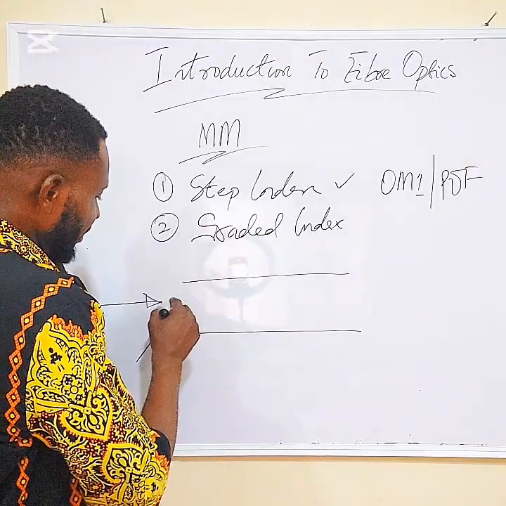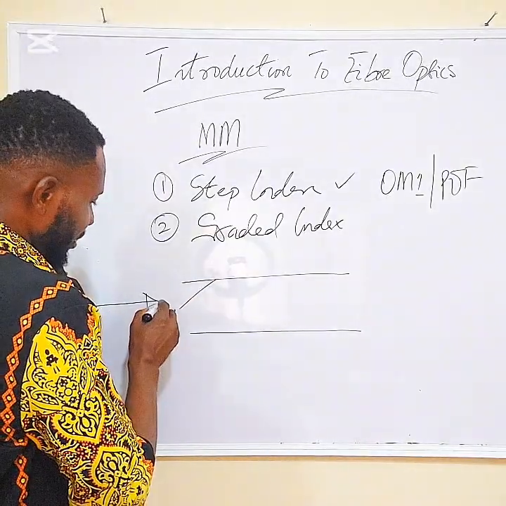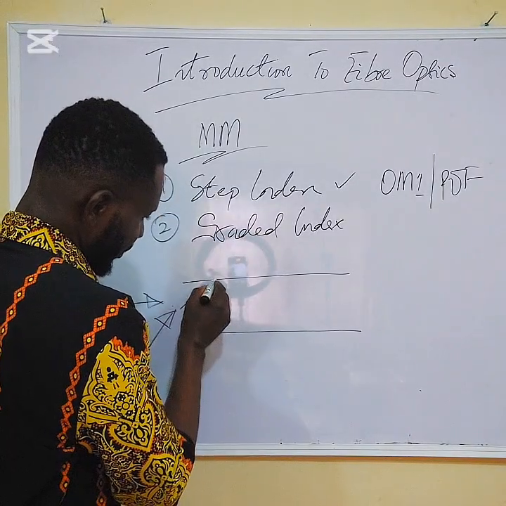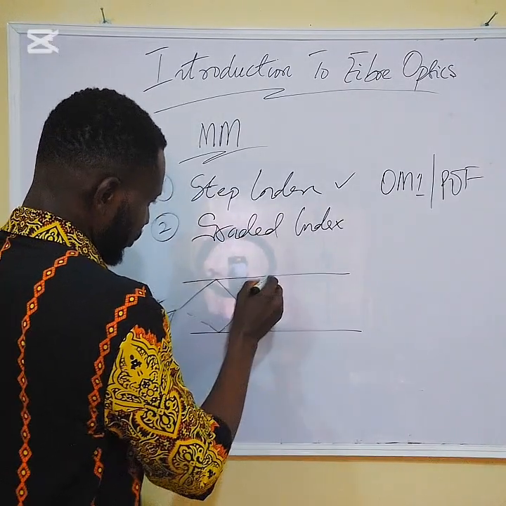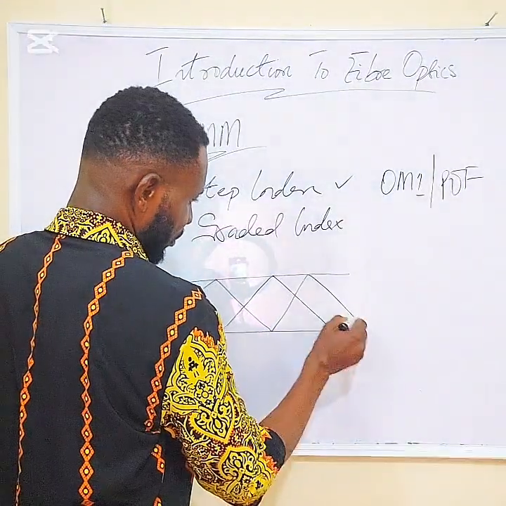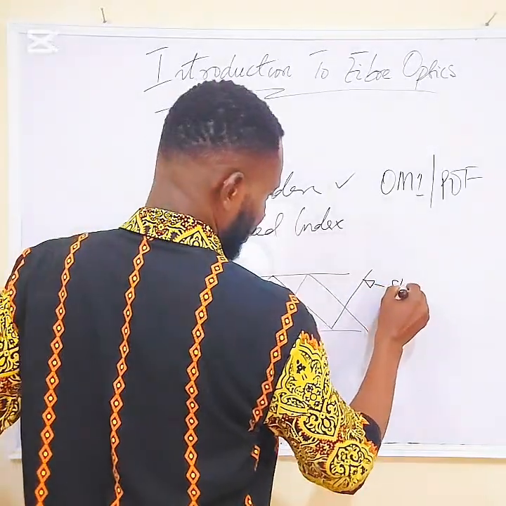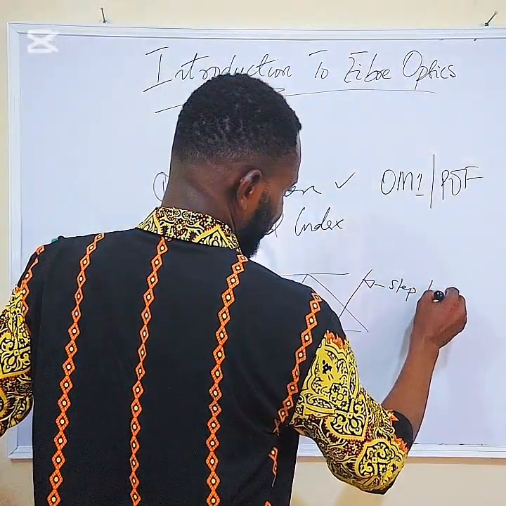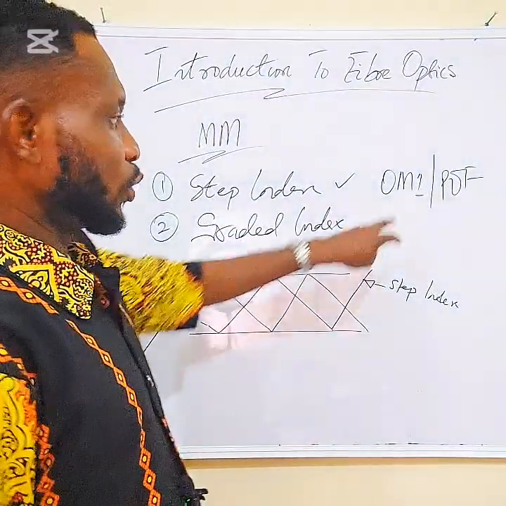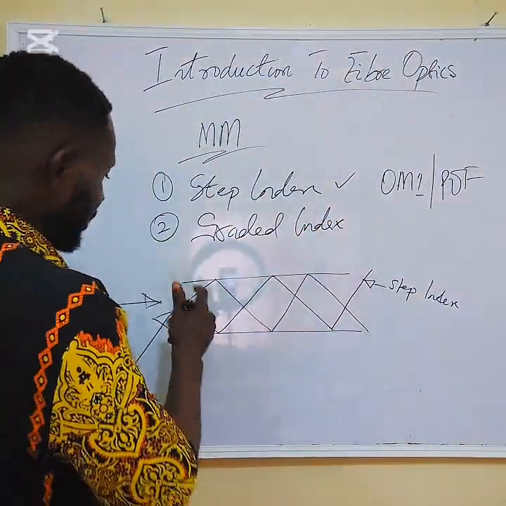So as this light heads here, it will hit here. This one will hit here. This will come in, this will go. This will come, this will go. So this is the walk, or step index. So you imagine when you send traffic, okay?